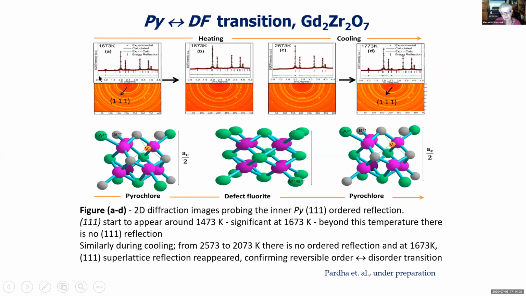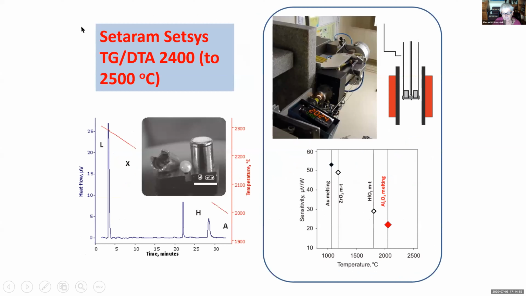But nonetheless, by doing these in situ high temperature measurements on a series of materials, we have been able to document the thermal expansion, the volume change on phase transition, the reversibility of the transition, and in some cases then as well, the melting of the fluorite structure.